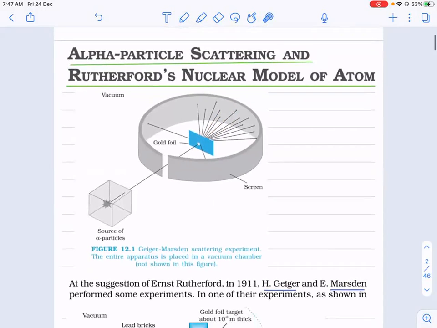That gave the clue, that proved the way, proved the nuclei model. है ना?